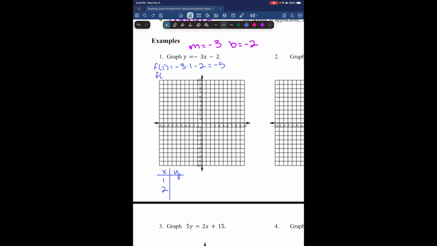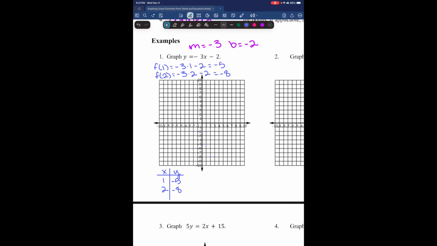If I evaluate it at 2, I get -3 times 2 minus 2, which is -6 minus 2, which is -8. So in my table, 1 gives -5, and 2 gives -8.